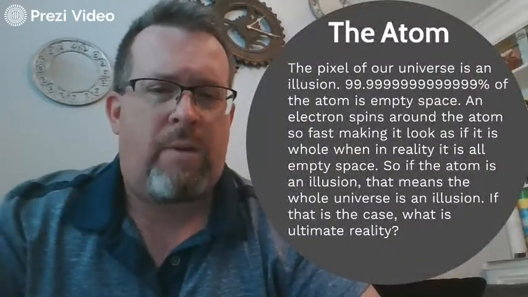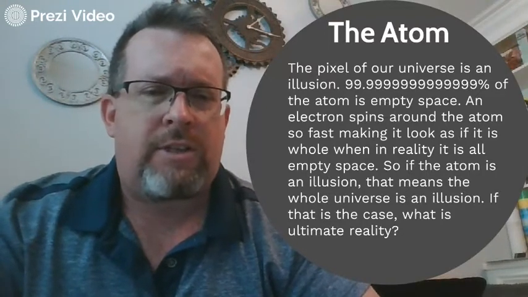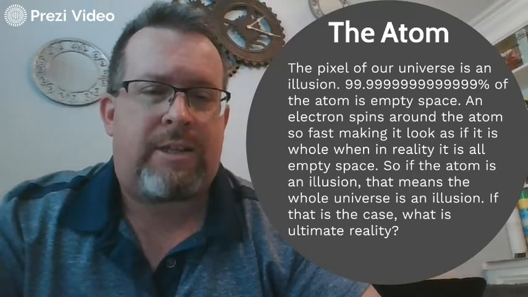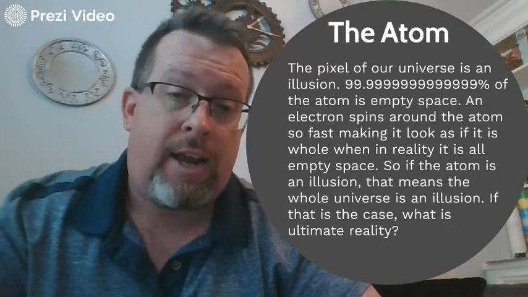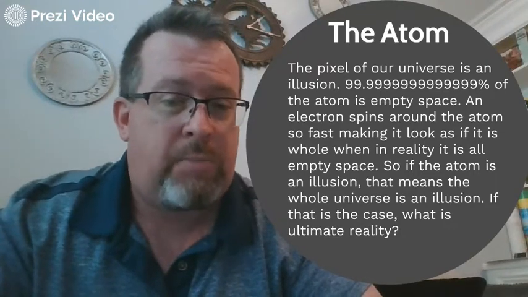Now, we looked at the atom before, but there's one stat that I didn't give you last time. The Pixar universe is an illusion. Okay, we saw that. But that means, look at this. 99.99999999999% of the atom is empty space.